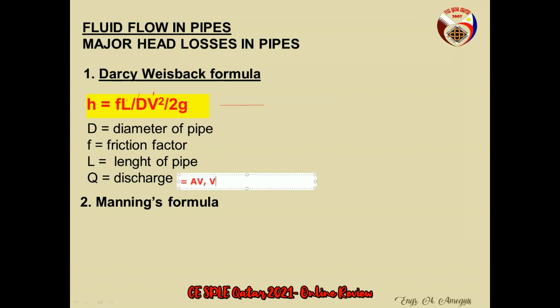Therefore V equals Q over area, where area is pi over 4 D squared. So you have an equivalent equation.